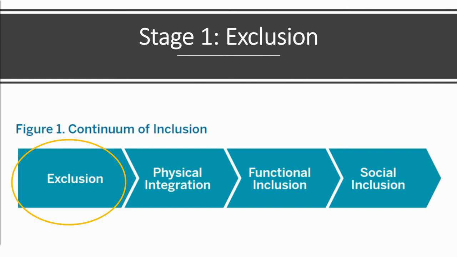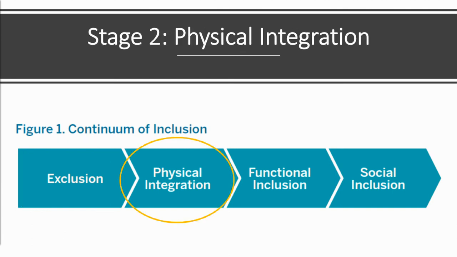So the first step, exclusion, is when there is no inclusion of children with disabilities. There are no children in the program and no adaptations to support children in that program. Physical integration is when children with disabilities are now physically present and participating alongside their peers.